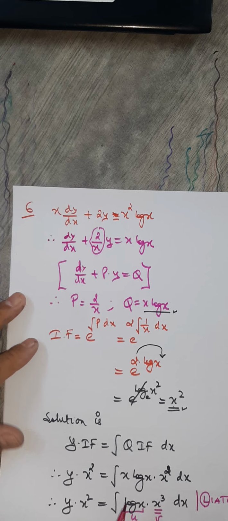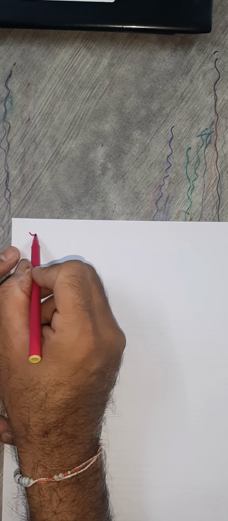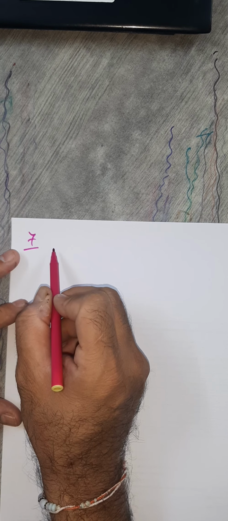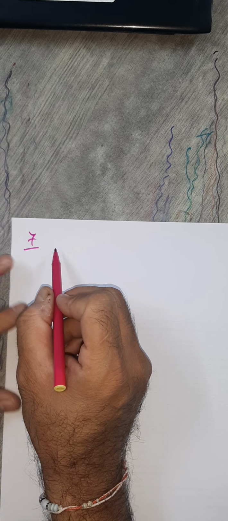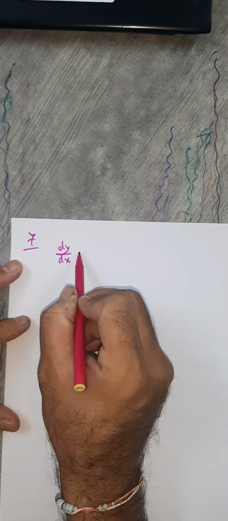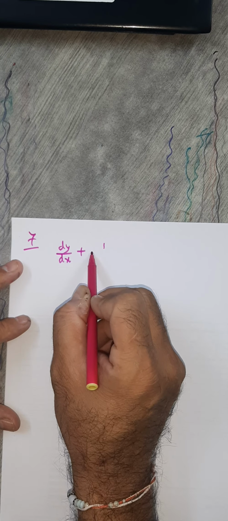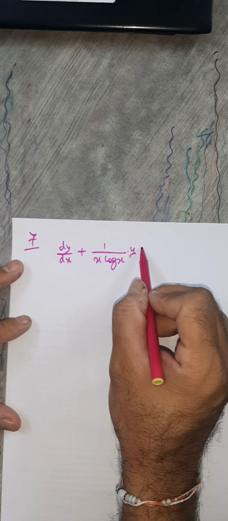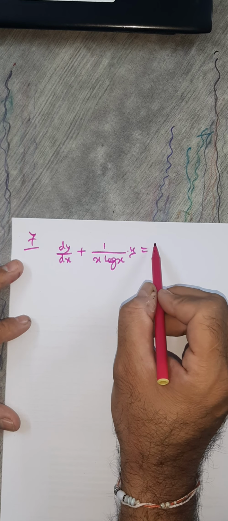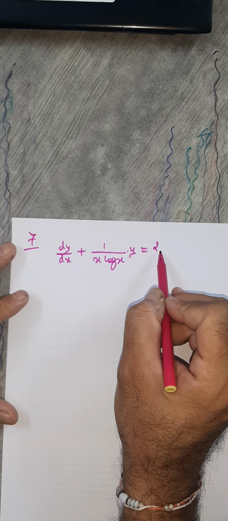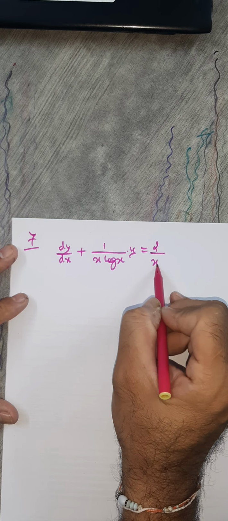Okay, next question number 7 here. In the 7th question, you can see that the coefficient of dy by dx is x log x. So I'll divide by x log x. So the next step for you is this, dy by dx plus 1 upon x log x into y equals, you have that log will get cancelled, but you have 2 by x squared.